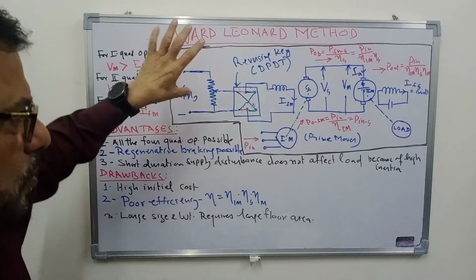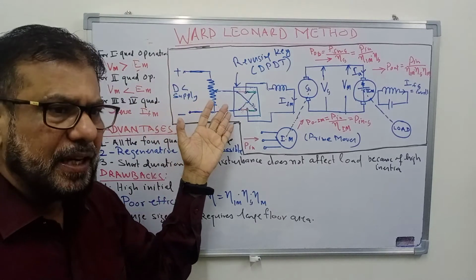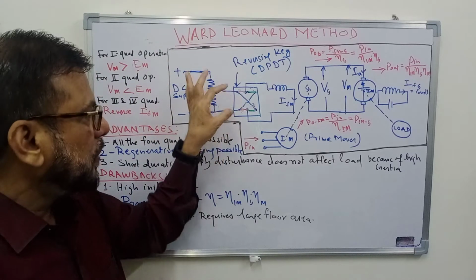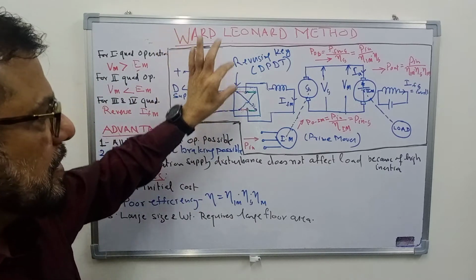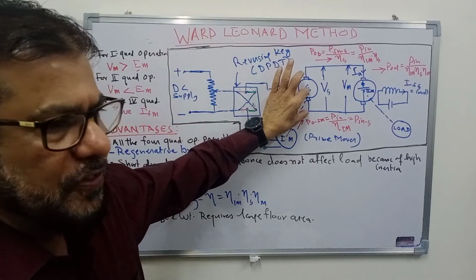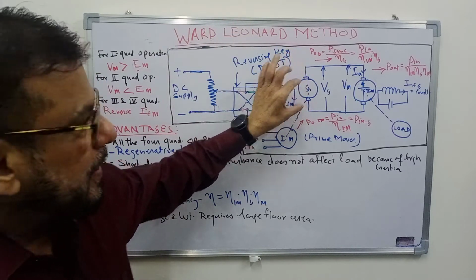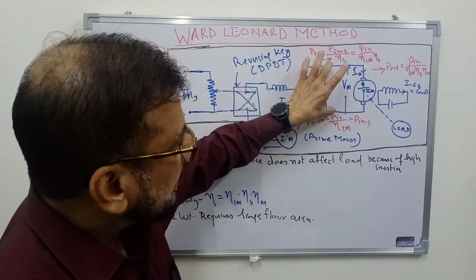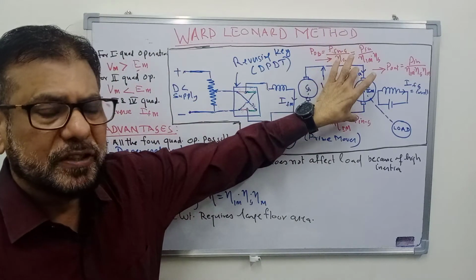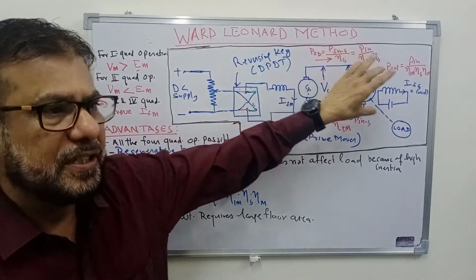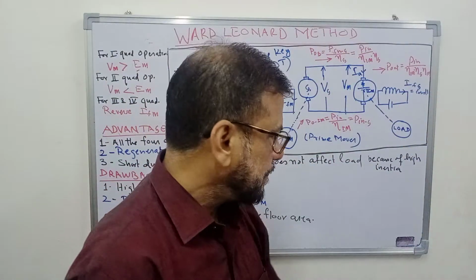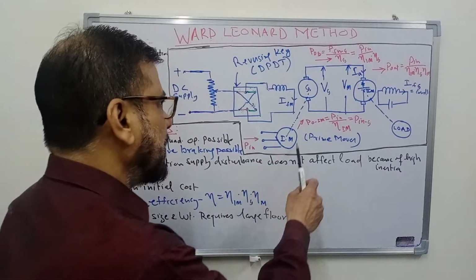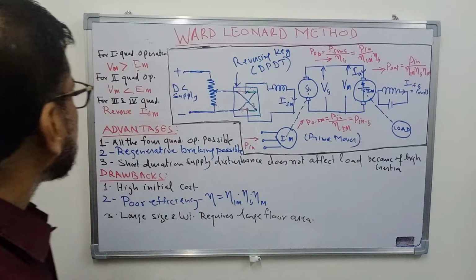Any low power variable voltage supply can be used here to vary the voltage. You vary the voltage, that causes the field current of the generator to vary, that causes the output voltage of the generator to vary, that causes the input voltage of the DC motor to change, and that will change the speed of the motor, and power flows through all these machines.